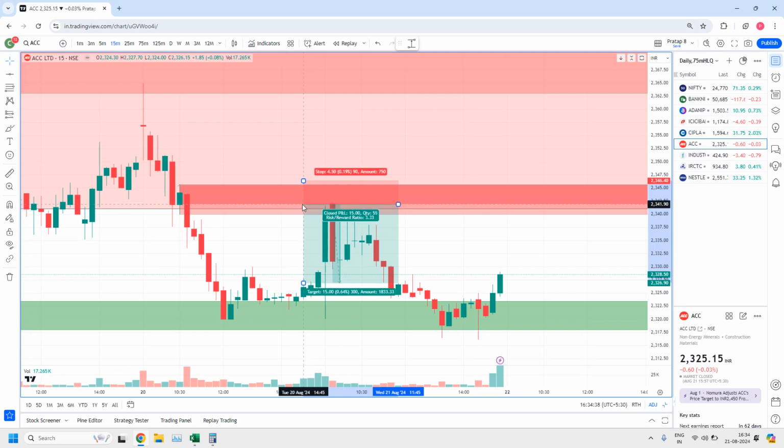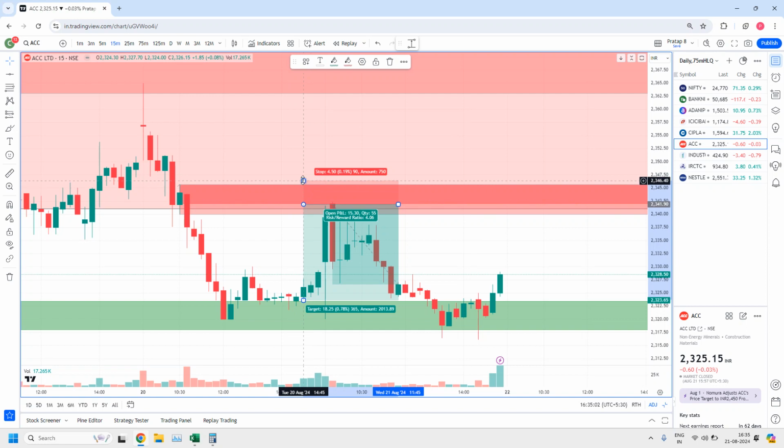But stop buffer I added, and exit will be at this close to this 15-minute zone, not inside, very close to this. Okay, approximately 1:4 RR is there.